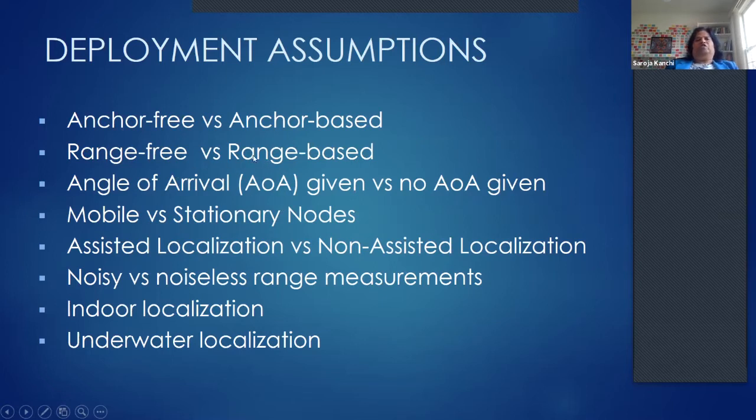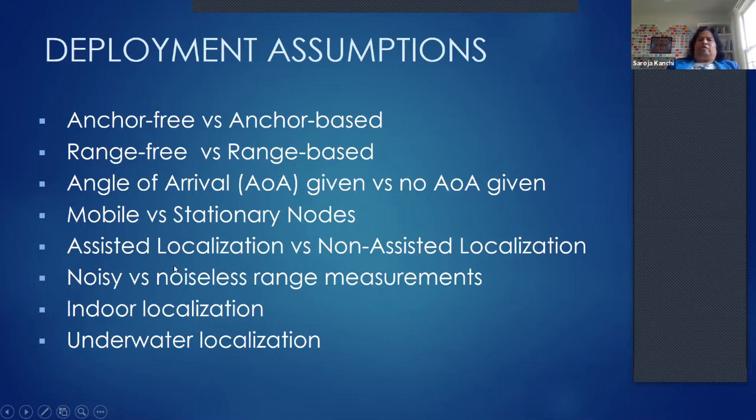So in addition to range, you might have AOA information, or sometimes you may not have AOA information. Now, during the algorithm, are the nodes mobile or stationary? That's another discussion that we have. So we have mobile sensor networks and stationary sensor networks. This is just during the execution of the algorithm: do we allow the nodes to move or not?